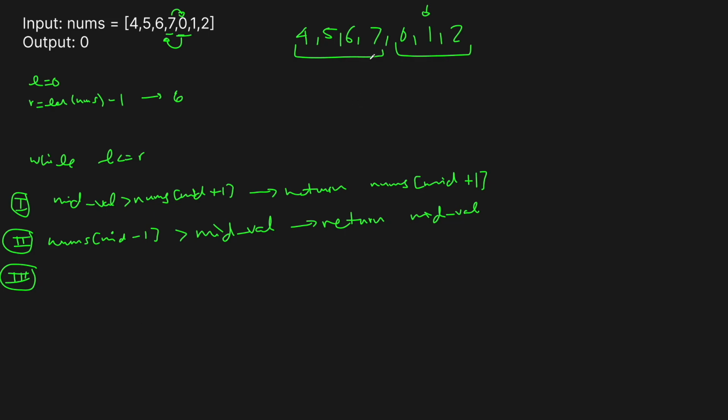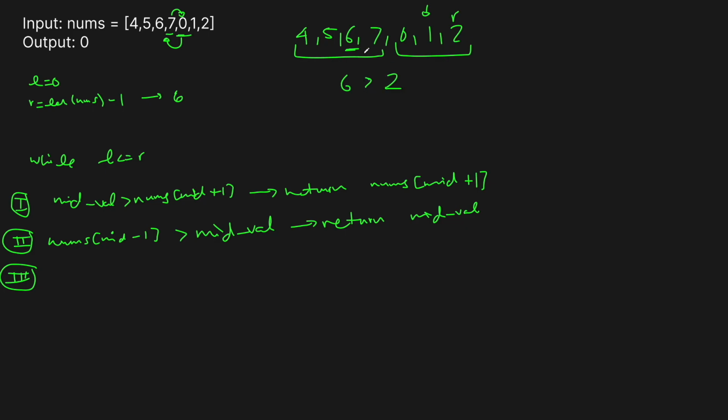So now let's think about this. Let's say that our midpoint value is our 6 here, and our right value is this 2. What we want to do is check, is our midpoint value actually greater than the number at the right pointer, 2?